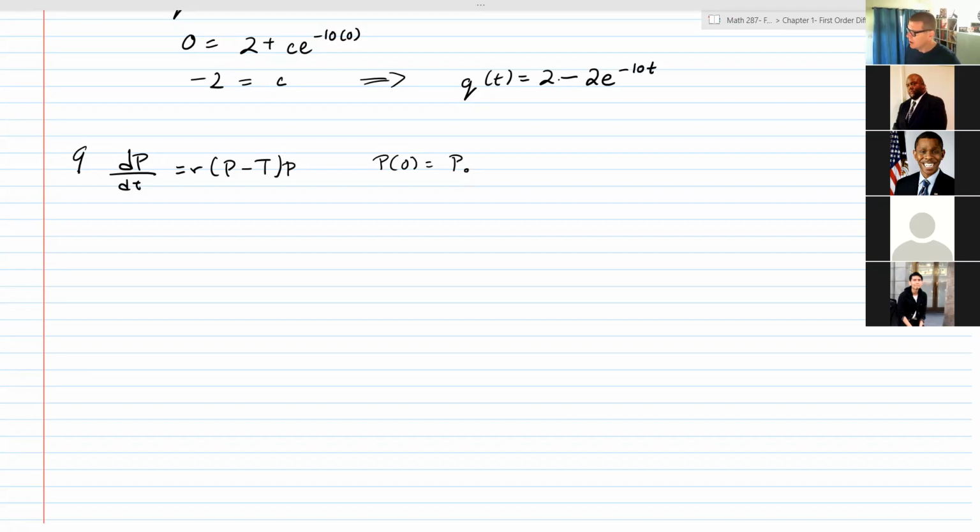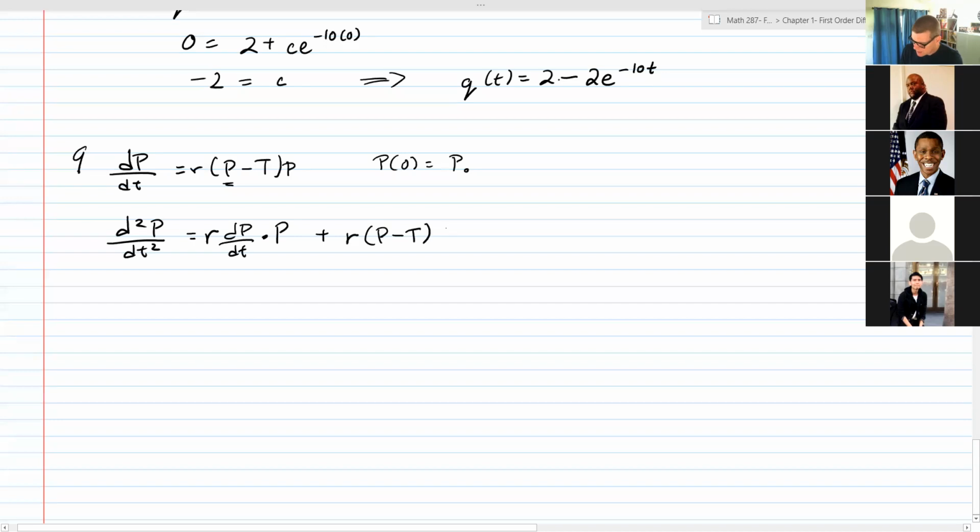So we've got dP/dt equals r times P minus T times P, and we're going to find d squared P dt squared. That's going to be r times, using the product rule, the derivative of P, which is dP/dt, because big T is a constant, times P, plus r again times P minus T times dP/dt.